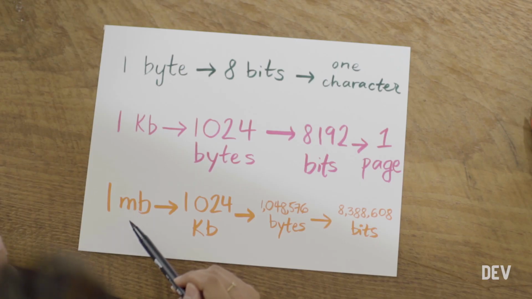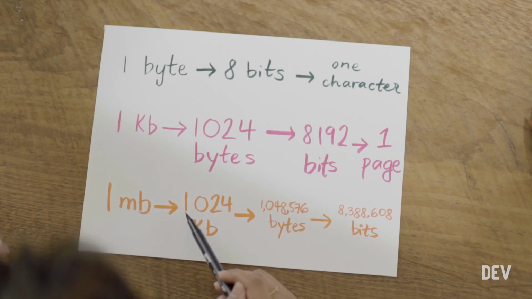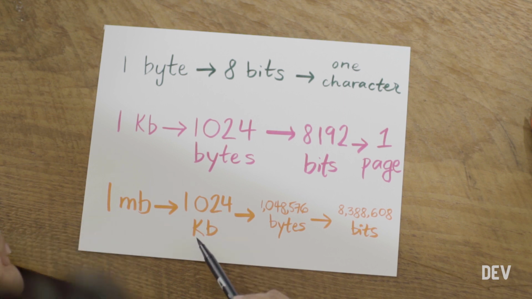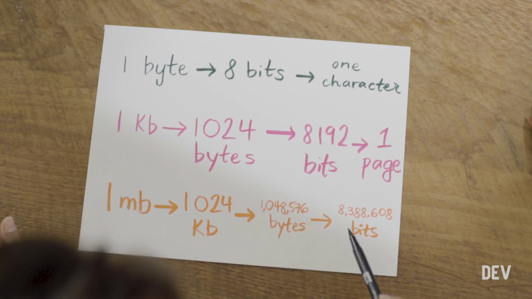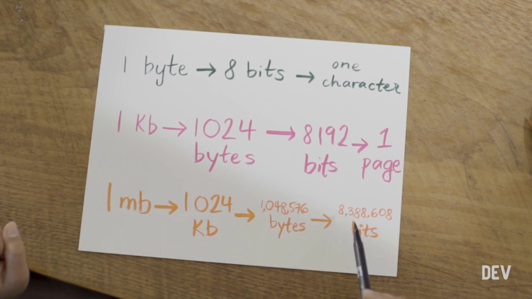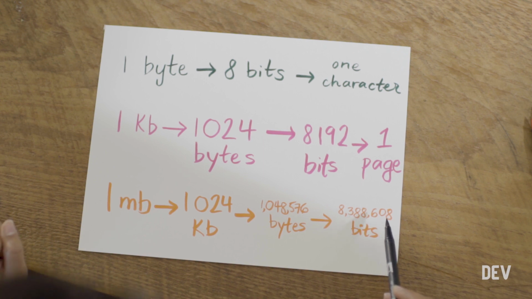So 1 megabyte would actually be the same as 1,024 kilobytes, which is the same as 1,048,576 bytes, which is the same as 8,388,608 bits, which is a lot of bits.